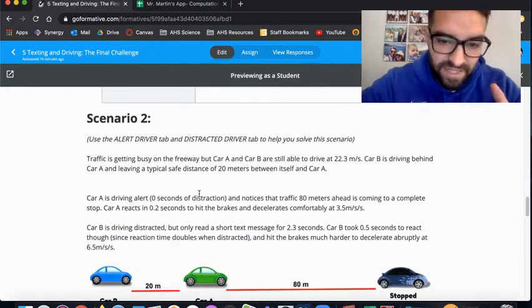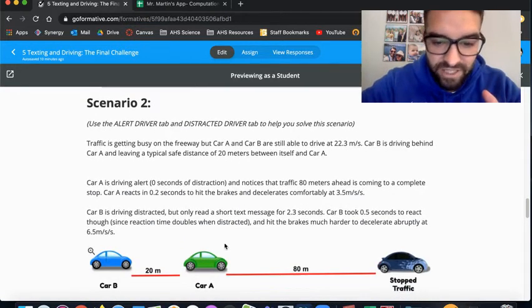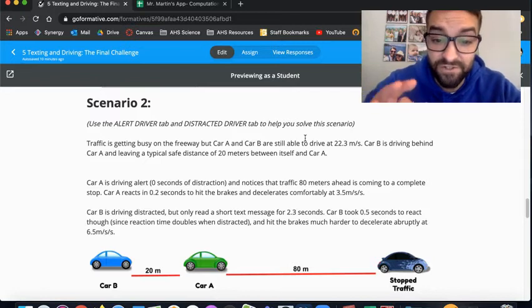Scenario 2, okay, a little bit more complicated, but I included a diagram to help you see it. This is where we're going to use the Alert Driver tab and Distracted Driver tab to help you solve this scenario. So you're going to be solving the scenario for 2 different vehicles.